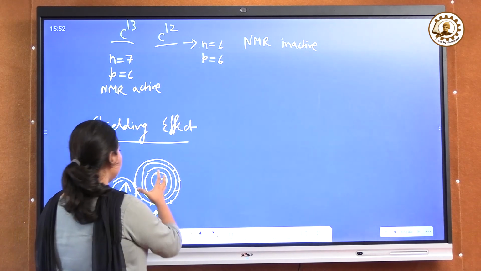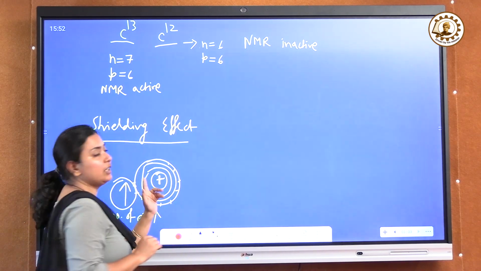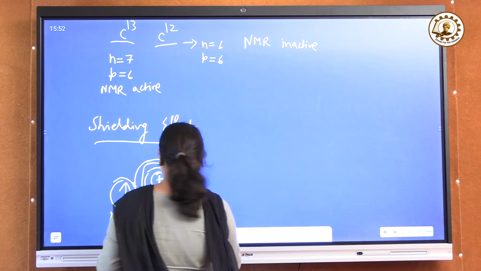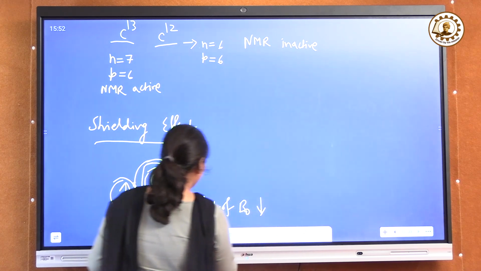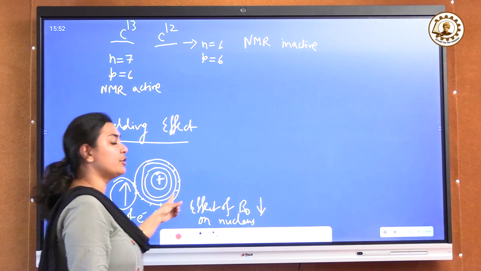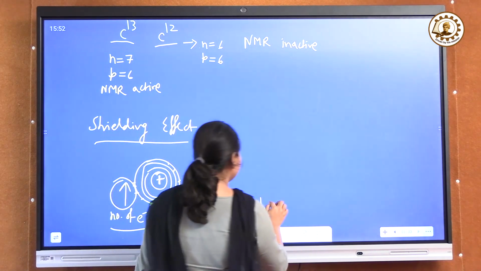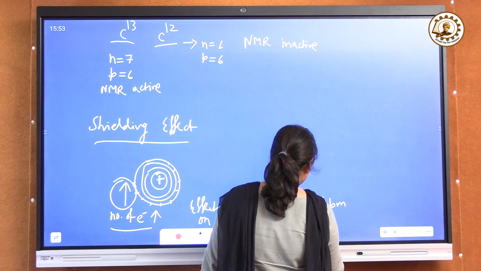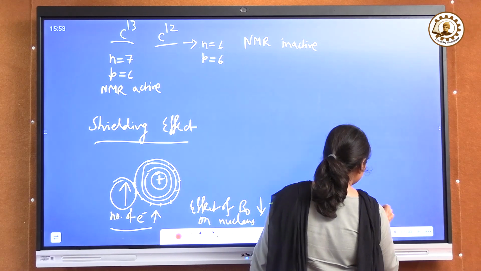The feeling of the nucleus will be less, so the external magnetic field will have a lower impact on the nucleus. So if the number of electrons is higher, then the effect of B0 will be lower on the nucleus. This nucleus will require a low amount of energy to resonate with the external magnetic field, and it will show a lower ppm value, or we can say chemical shift value.